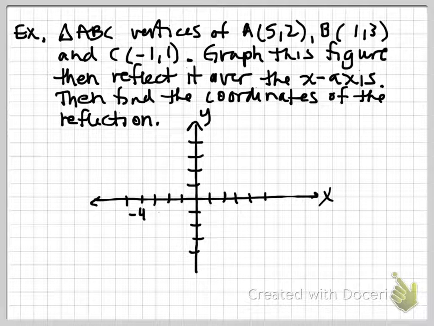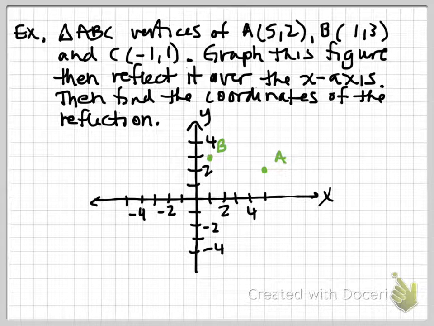So negative 4, negative 2, 2, 4. So we're going to graph the pre-image, which is at 5, 2, that's our A. B's at 1, 3, and C is at negative 1, 1. Okay, so that's our triangle.